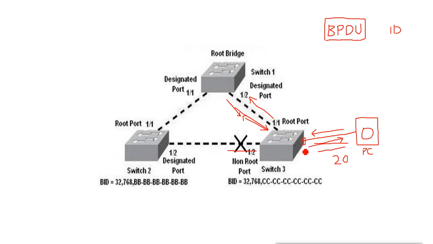Till now it will not accept any packet from that port, whether it is connected to a PC or to another switch. It will not accept any packet to forward. It will only accept and send BPDUs. This listening state will remain for 15 seconds.